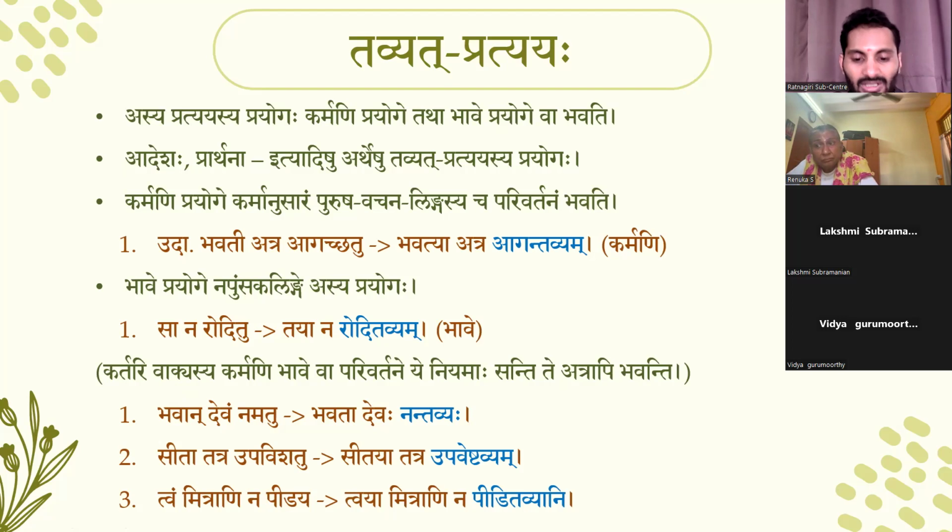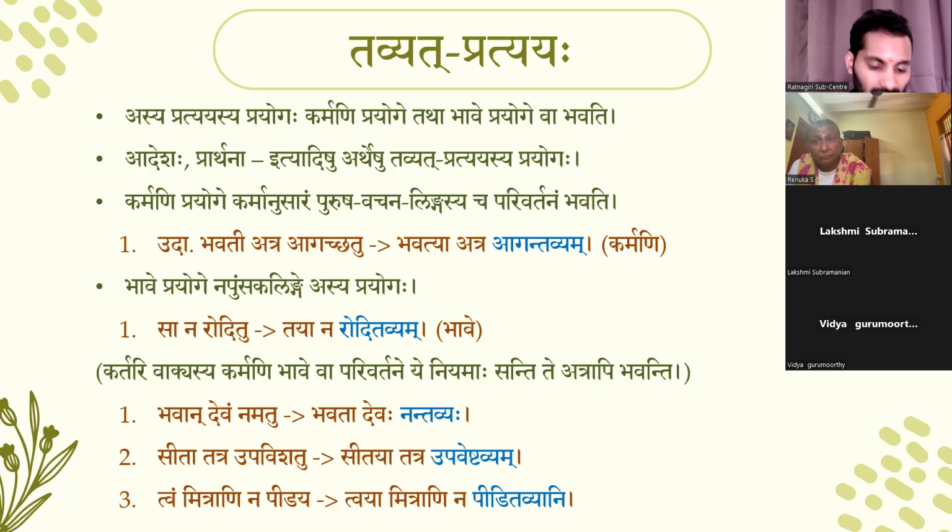According to devaha, we need to use visarga, akara, or napumsakalinga form, depending upon the karma. So devaha is in prathama vibhakti singular. Similarly, we put namtavyaha in the same linga and ekavachanam. So bhavata devaha namtavyaha. If there are many deities, then we will say bhavata devaha namtavyaha.